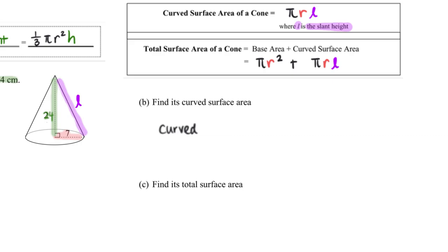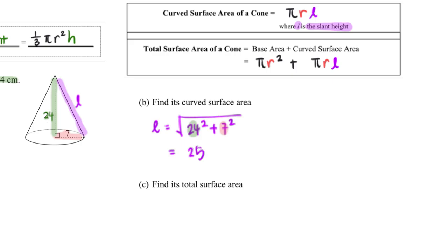And so, before I do the curved surface area, I should first find what is my slanted height L. So in this case, please use your Pythagoras theorem and you will be able to get that L is equals to the square root of 24 square plus 7 square. Okay, 24 and 7. This will give me a value of 25.